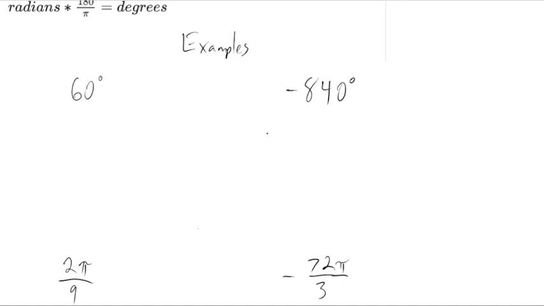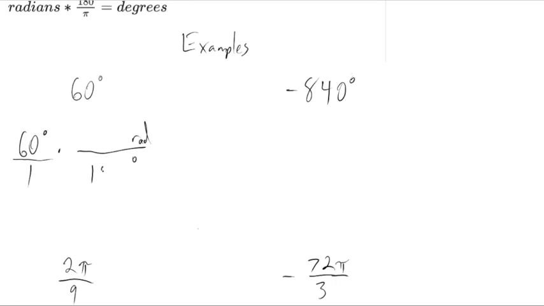We're asked to go from degrees to radians. So I'm going to take this 60 degrees, and multiply by the conversion factor. If you go back to your dimensional analysis, degrees is up in the numerator, so that means I would need to put degrees in my denominator.